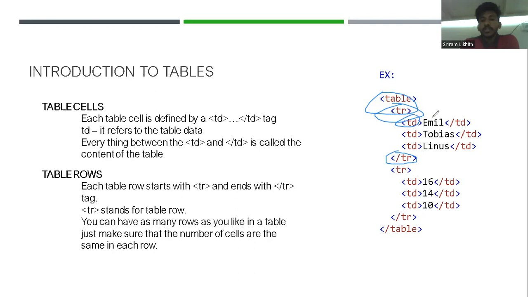By using this, we can enter the names or any content by using the table data. We can form another row here. So it will end after each and every row or column.